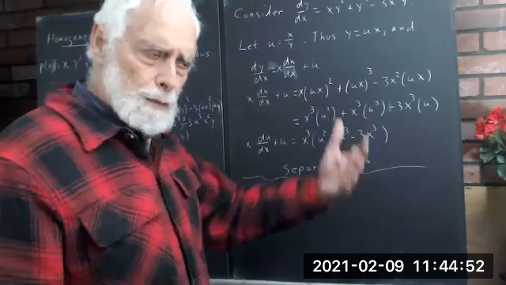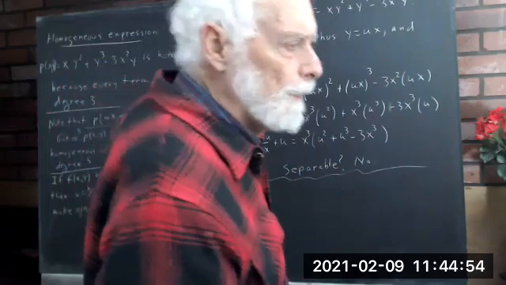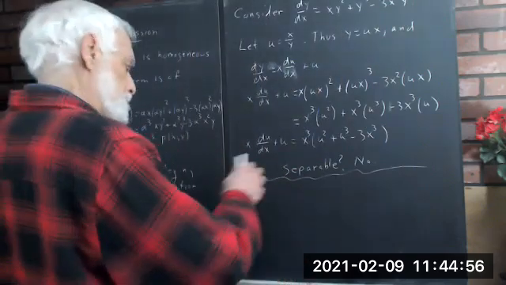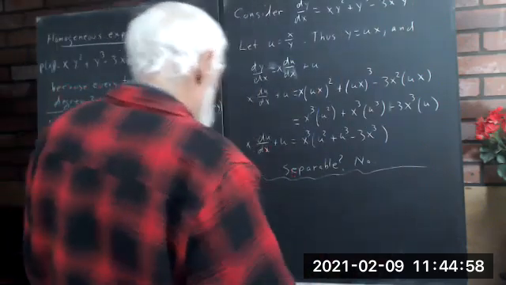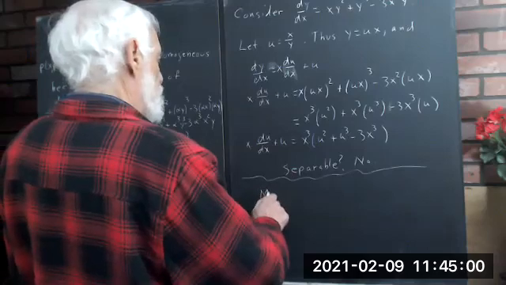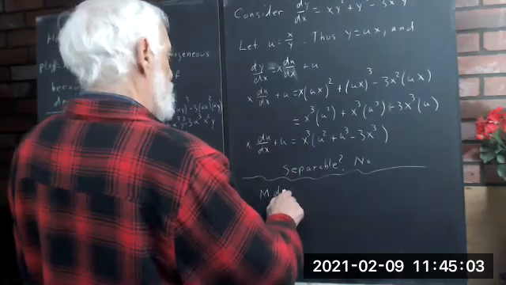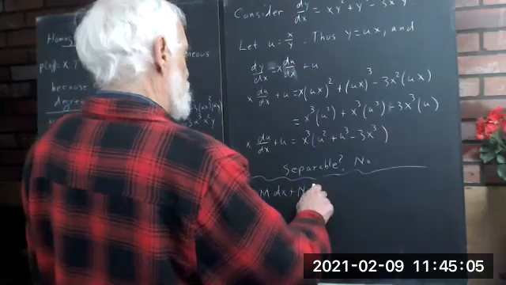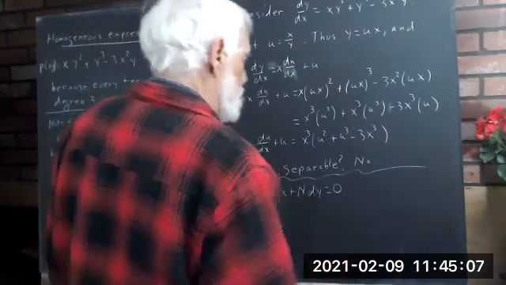In general, the form of a separable equation or of a homogeneous equation would be like M dx plus N dy equals 0.